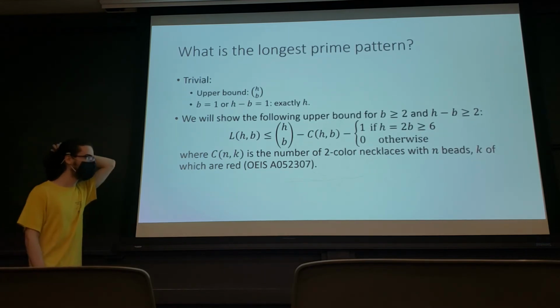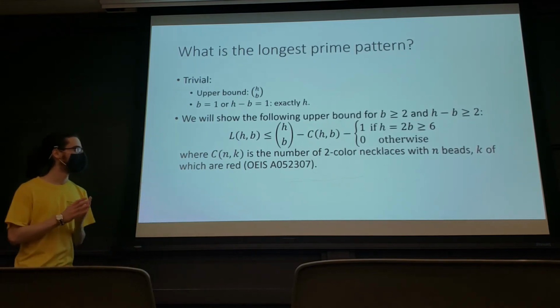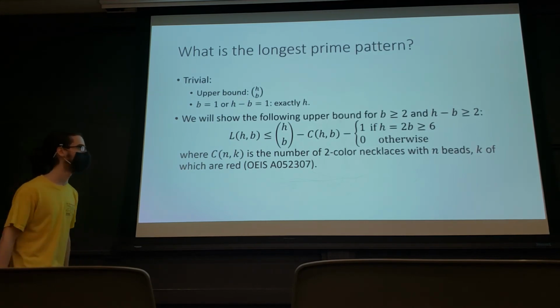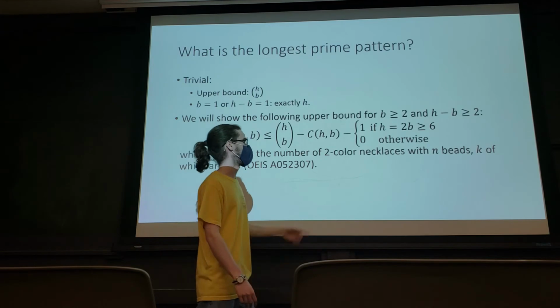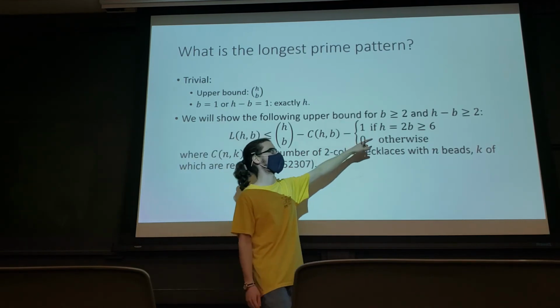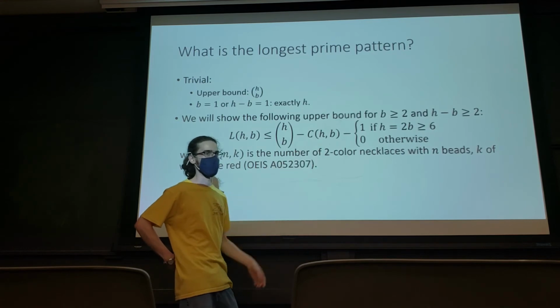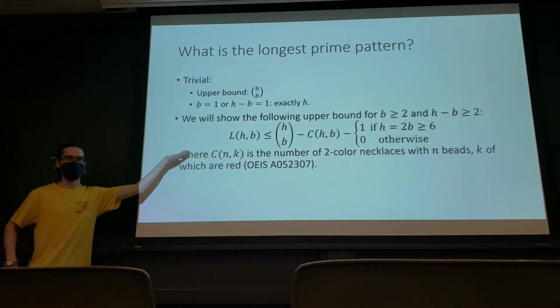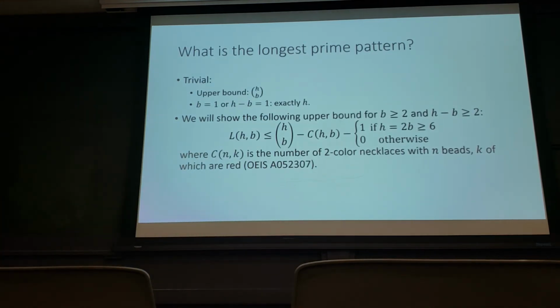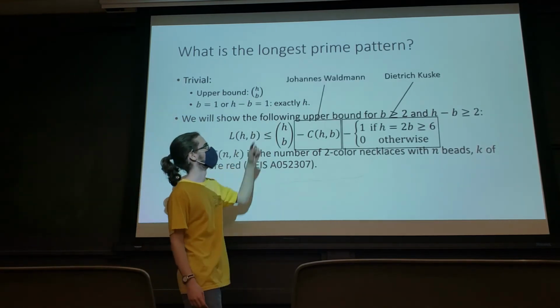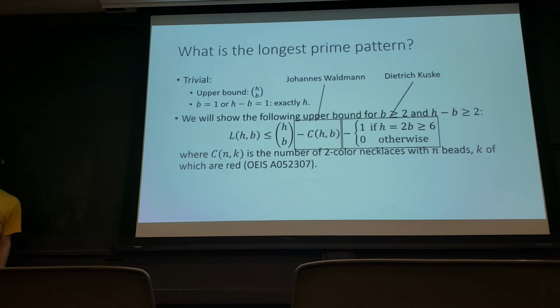A necklace is a string if you consider cyclic permutations to be equivalent. And then we have this other correction term. If h is exactly 2b, and that's also greater than or equal to 6, then we can subtract an extra 1. That's it. And this is essentially the best known result. This first term is due to Waldman, and the second term is due to Discrete Mathematics.